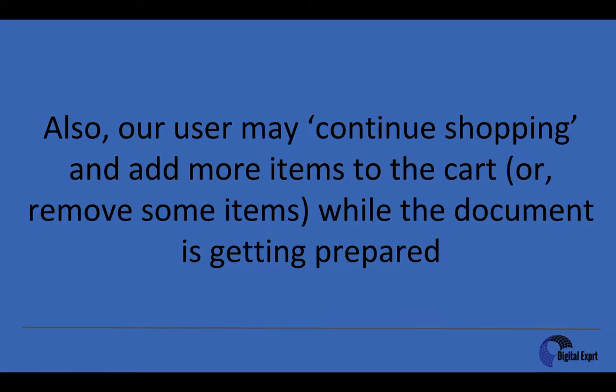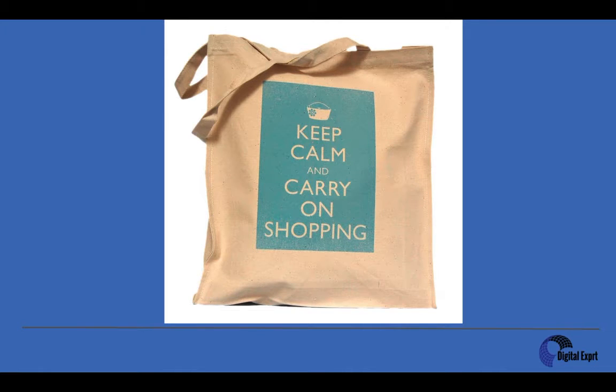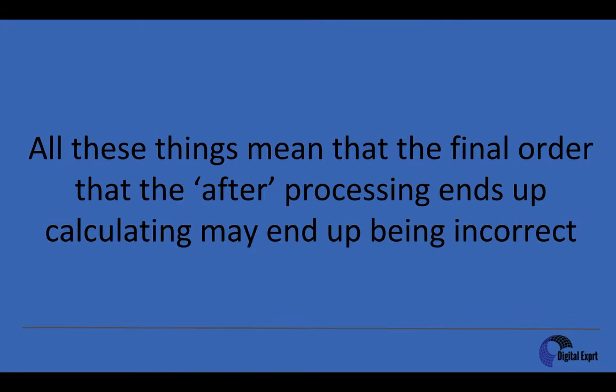We want the customer to, of course, do some more shopping because it's in their best interest. And these things mean that the final order being processed by the after block of code may calculate incorrect totals and may be presenting the customer with an order that is not correct, does not reflect reality.